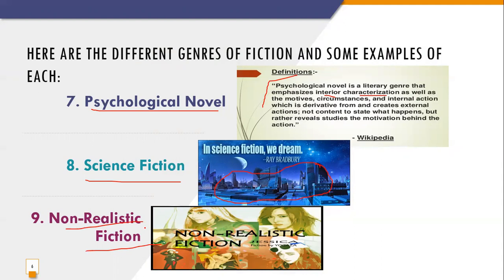We also have Jack and the Beanstalk, Rapunzel, The Parable of the Prodigal Son, and The Hare and the Tortoise. Those are the different genres of fiction. To know more about it, guys, try to watch the video that you can see in the next exercises.